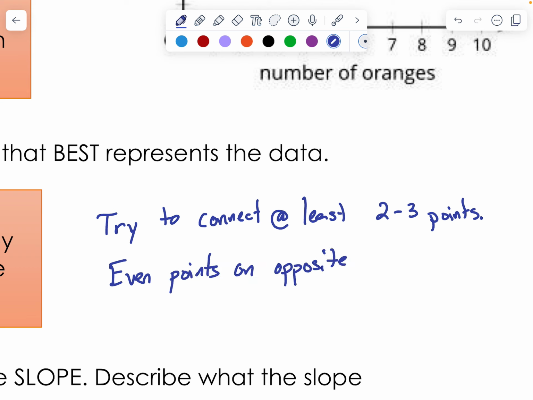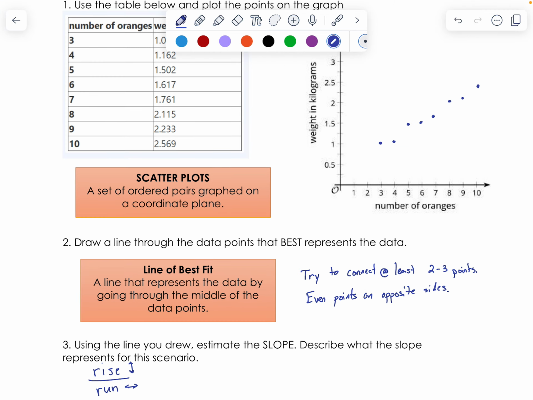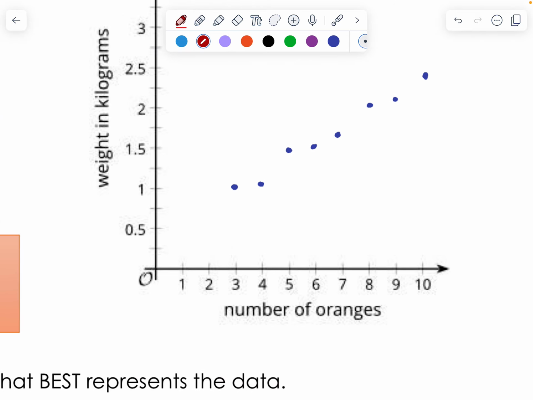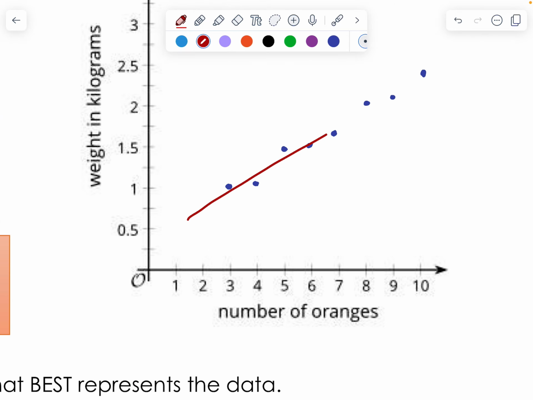This isn't perfect. It's just a way for us to make sure we have the best line of fit. In this case, I'm going to pick 2 points that I think the line goes through.